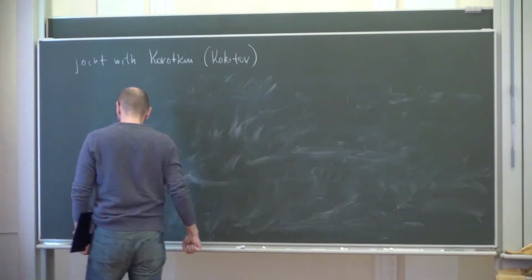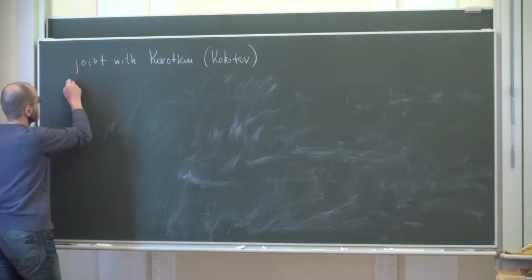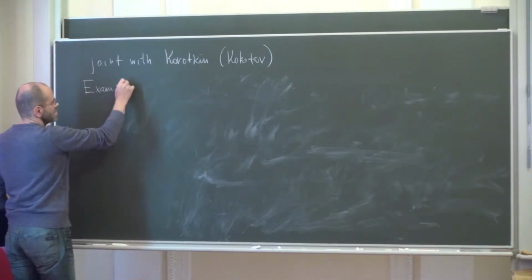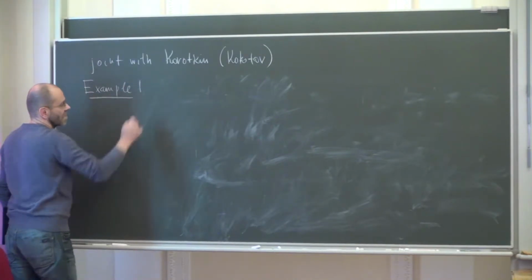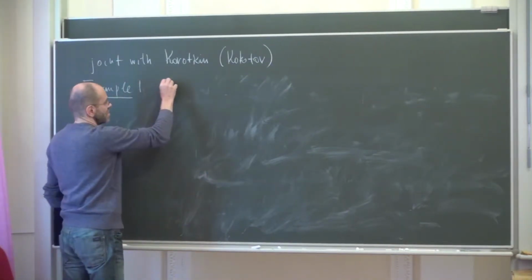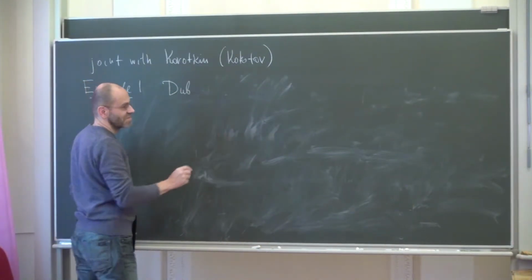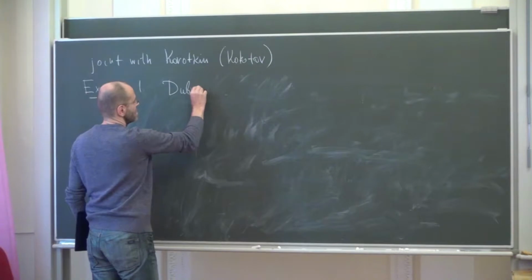So let me give the first example of a tau function. This is the so-called Dubrovin's isomonodromic tau function.